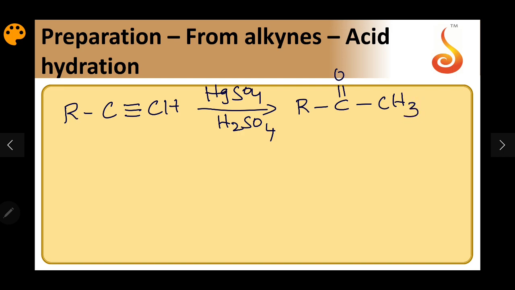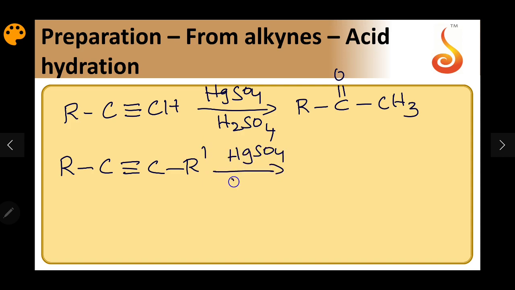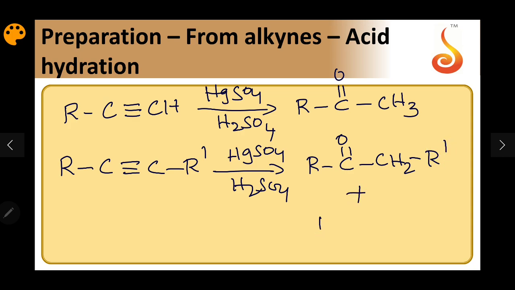So terminal alkyne always gives methyl ketone, and unsymmetrical non-terminal alkyne with the same reagent will give a mixture of two ketones. These are the two ketones possible.